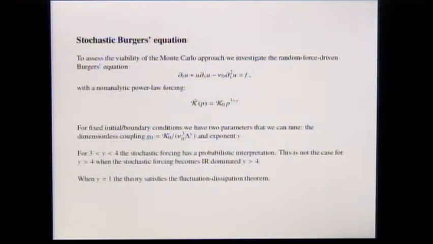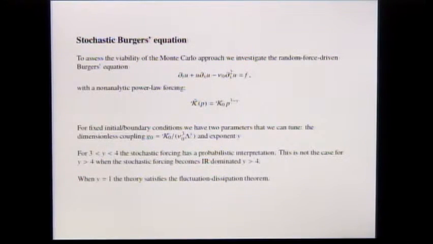Now, what we will do is we will have to ask what are the physical parameters of the model. So for fixed initial and boundary conditions, we have two parameters that are physical. One is a dimensionless coupling, which appears if we would, for instance, apply some diagrammatic expansion of this field theory, the field theory defined in terms of the action I introduced earlier, and the exponent y, right?